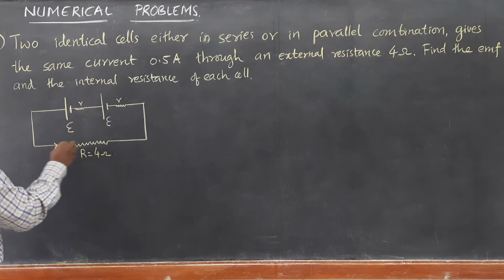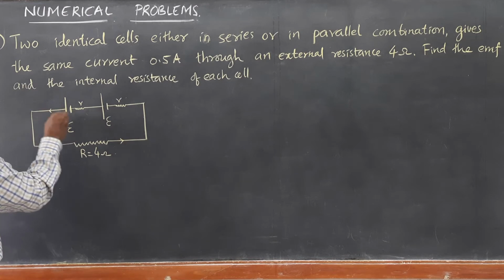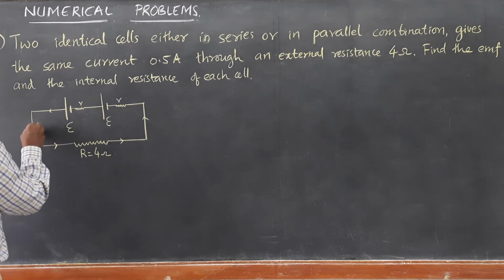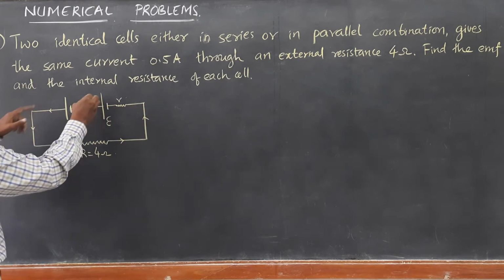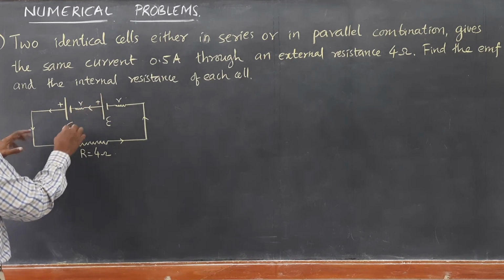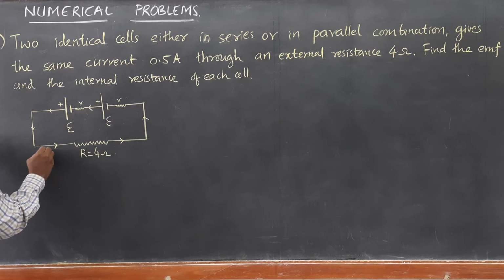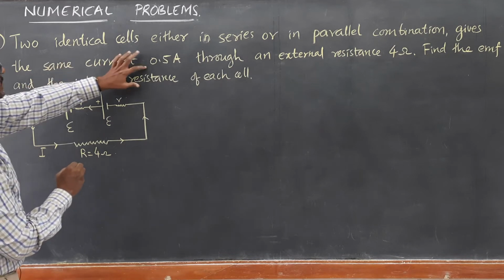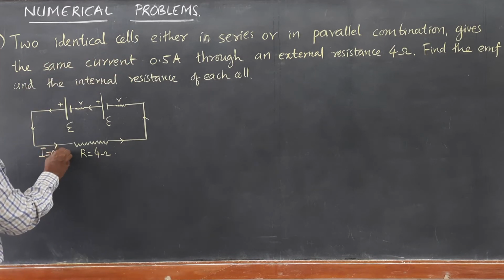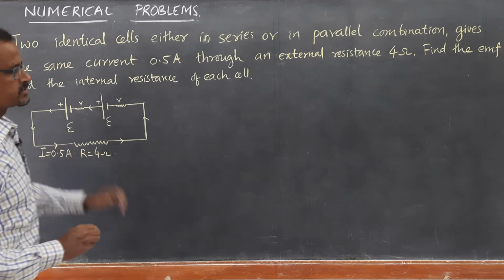They gave the same current. The current will be from the positive terminal, you can see here. So the same current I, which is 0.5. This is for a series combination.